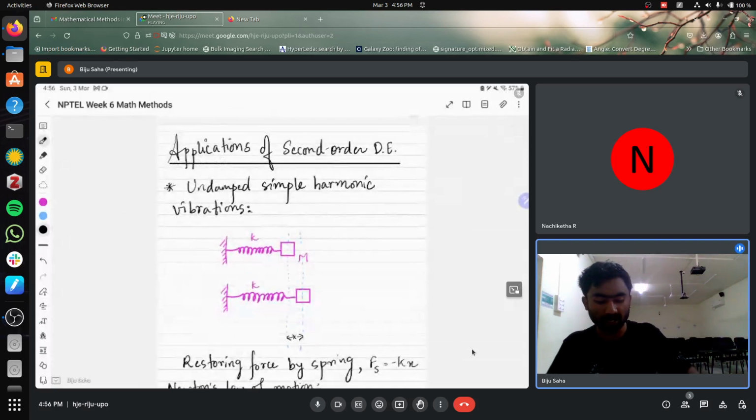This is simple harmonic motion. There is a spring attached to a mass.